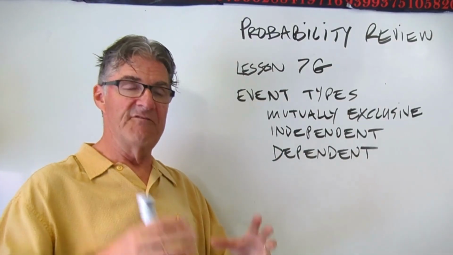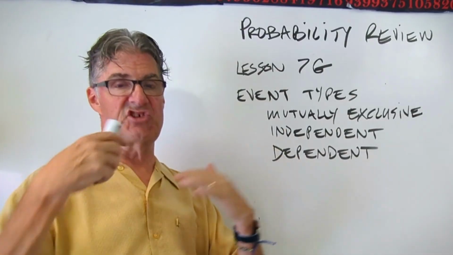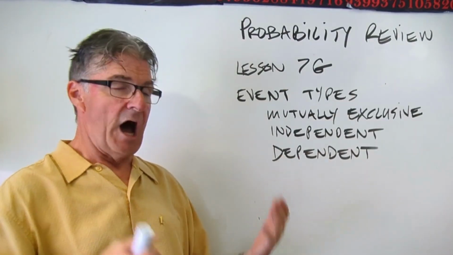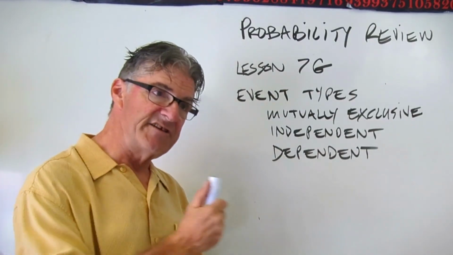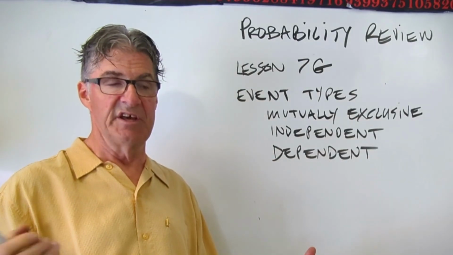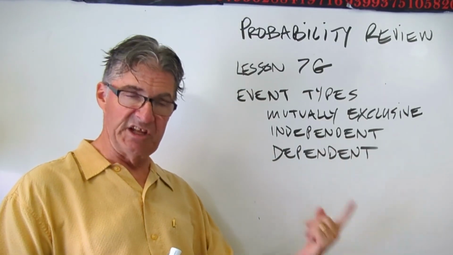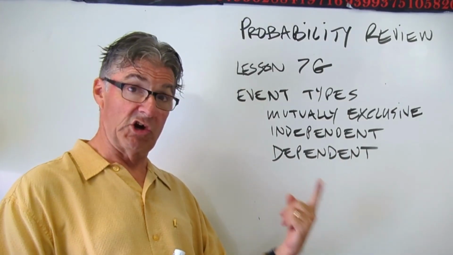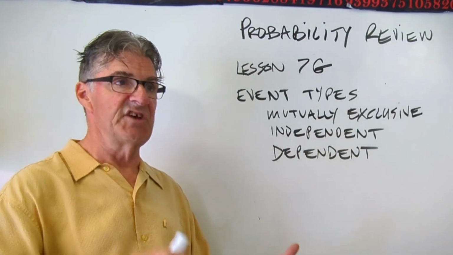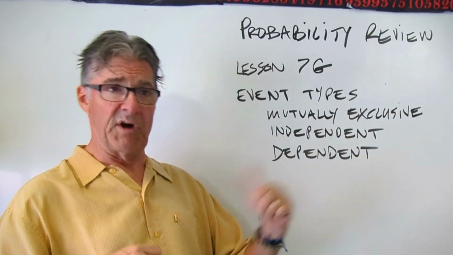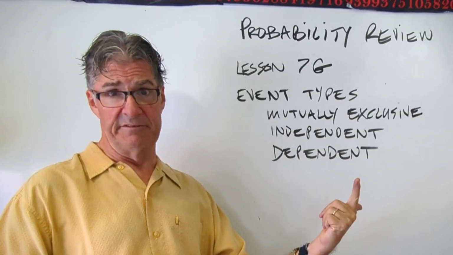Independent events are events that don't affect each other. Let's say I pick a student at random from a group of high school students, and the first event I'm selecting for is, do I have a boy or a girl? And then the second event is, are they brown-haired or blonde?